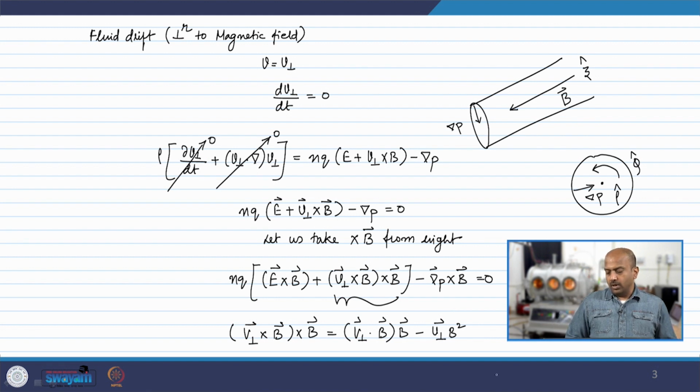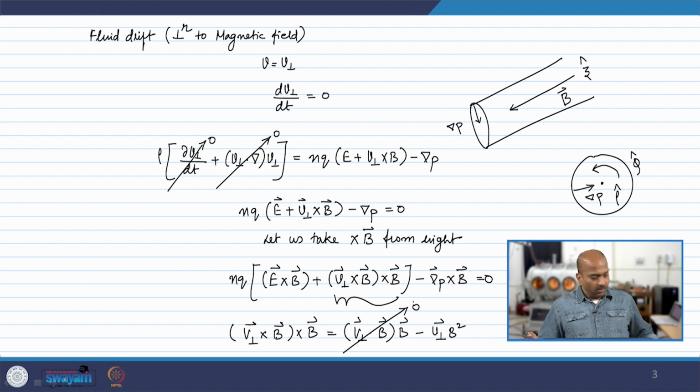So, now if you look at the right hand side, in the very beginning we made an assumption that v perpendicular is at right angles with the magnetic field. So, since it is a dot product and the angle is 90, this term becomes 0.